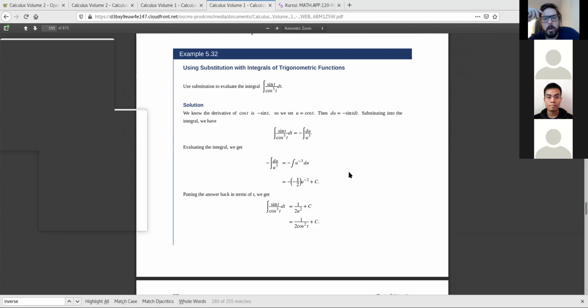So, I'm not a big fan of the idea that you learn all these substitutions, and then I give you a lot of exercises where you just have to find a clever substitution. We'll try them out a few times in a few examples, but I would not worry too much about that.